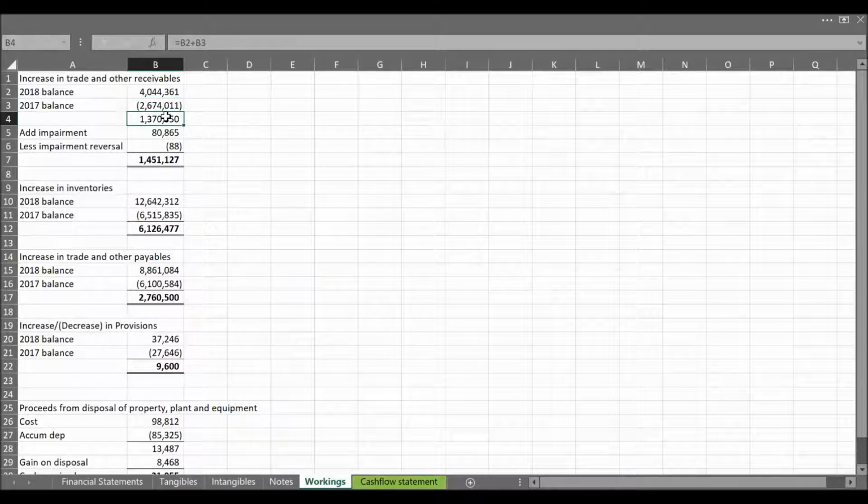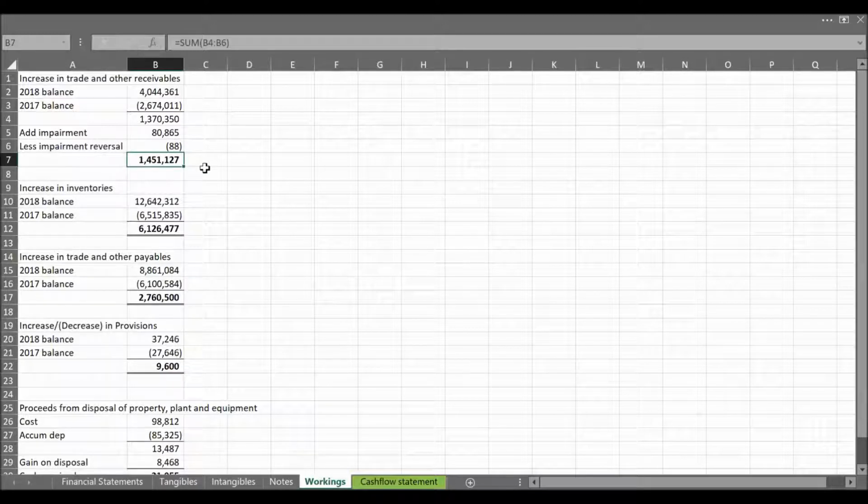But again, there was an impairment allowance charged on the assets, so we need to adjust for the impairment allowance on this particular asset. There's an impairment allowance of 86, which we've already captured, and the reversal. So we're going to add this back and reverse this back. So we have a net movement of 145,127.